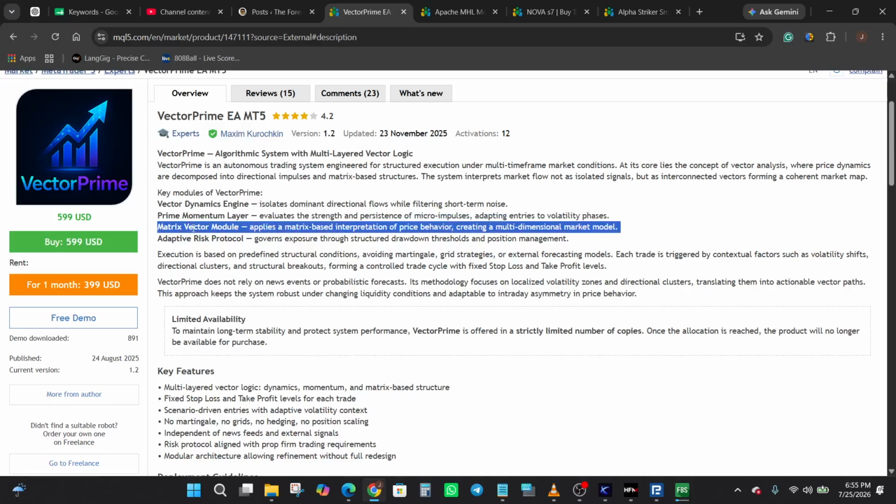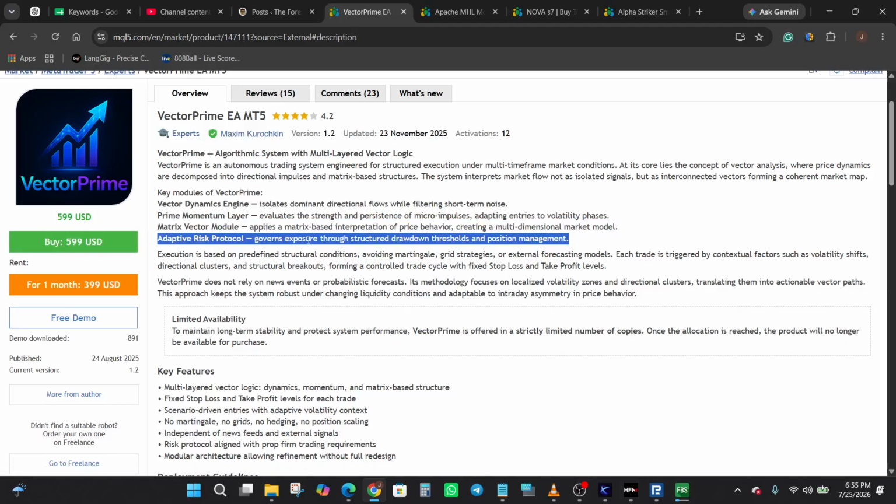The matrix vector module applies a matrix-based read on price behavior to build what is described as a multidimensional market model. And the adaptive risk protocol governs exposure through structured drawdown thresholds and position management.